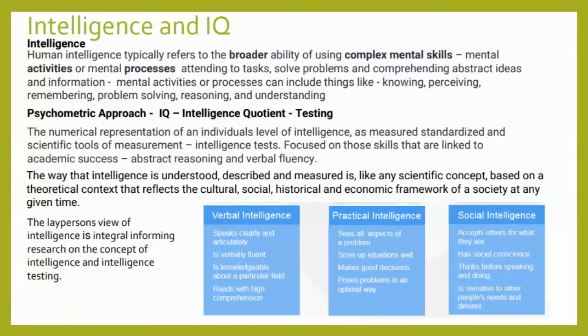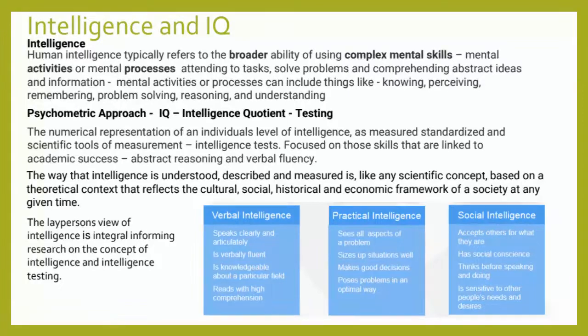So according to our textbook, we're looking at intelligence as a broad concept. It's a broad ability of using complex mental skills, so that's skills of our brain and our mind, the mental activities or processes to attend to tasks, to solve problems, and to comprehend abstract ideas and information.